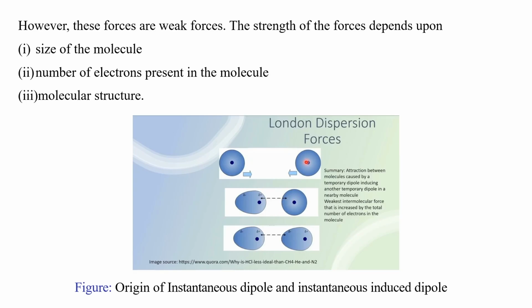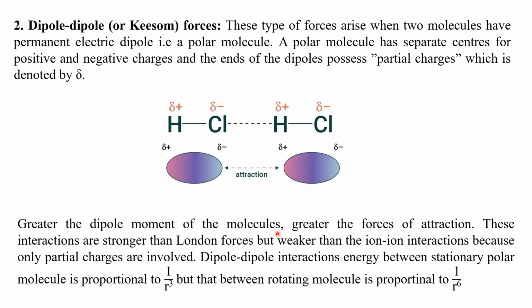Due to the presence of this nucleus, the electrons of this atom orient like this. So it creates some delta positive and delta negative charges here. Some transient dipole moments are created here. You can see first the transient dipole moment is created here, and then because of this the transient dipole moment is also created here. So the interaction between these two particles arises from these transient dipole moments.